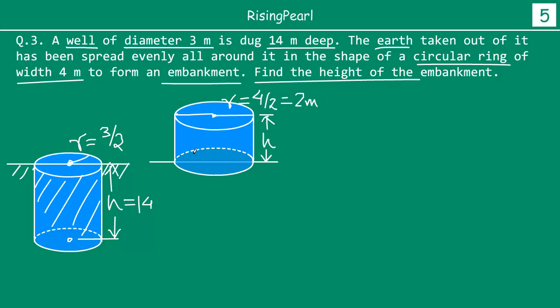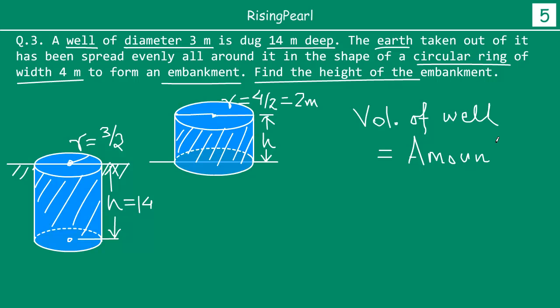So what we have is now the volume of this soil, which is basically over here, must be exactly equal to the volume of this cylinder, because when we dug this well, the volume of this cylinder gives us the amount of soil, right? The volume of well is equal to the amount of soil.